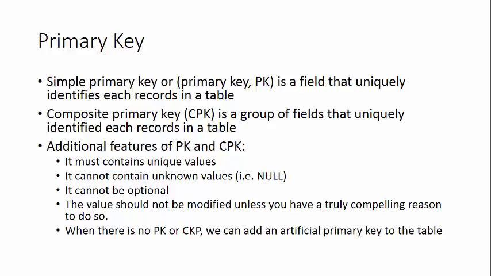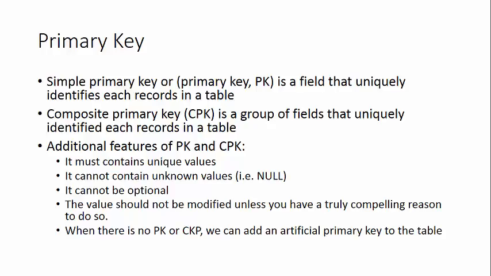So in a CPK case, there are multiple fields, like 2, 3, or more fields combined together to uniquely identify each record in the table. So for every table, you should have a primary key. And it is for identification purposes. In a table, to identify each row or record, you need a primary key.